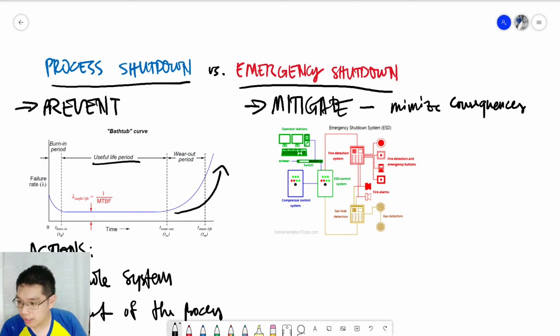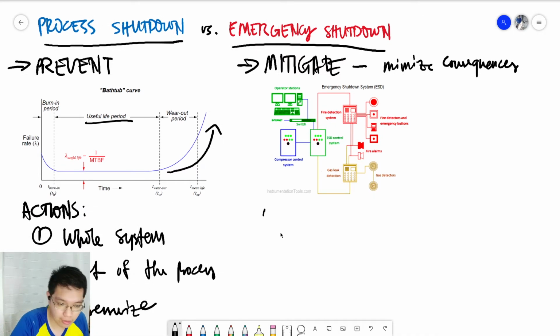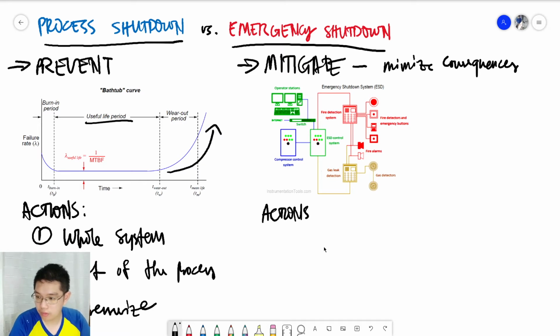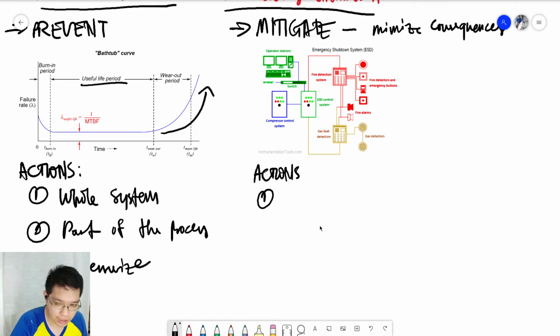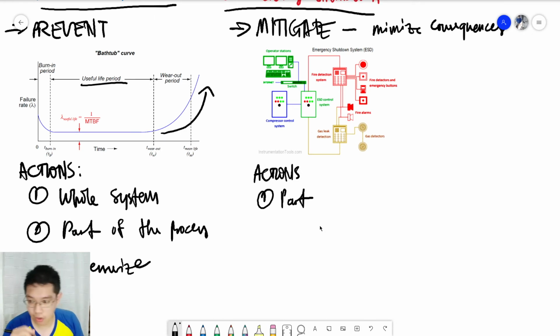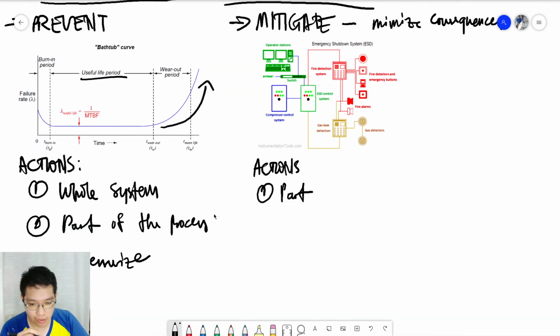So here are the typical actions of an emergency shutdown. Firstly, it can shut down part of a system or an equipment. Similar to process shutdown, it can also shut down only a specific part if the issue is isolated to only that part.